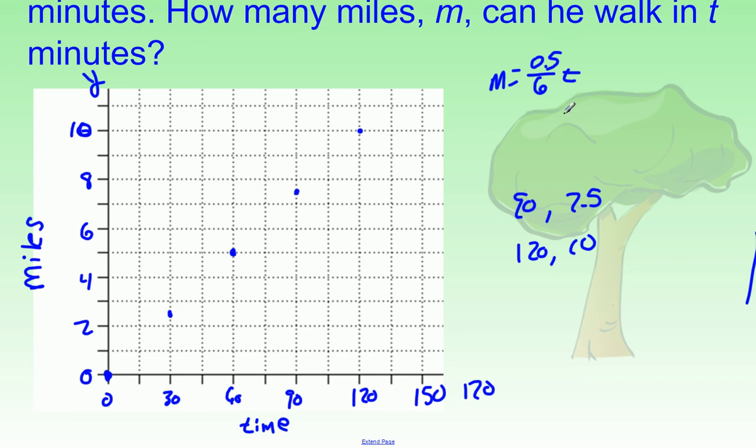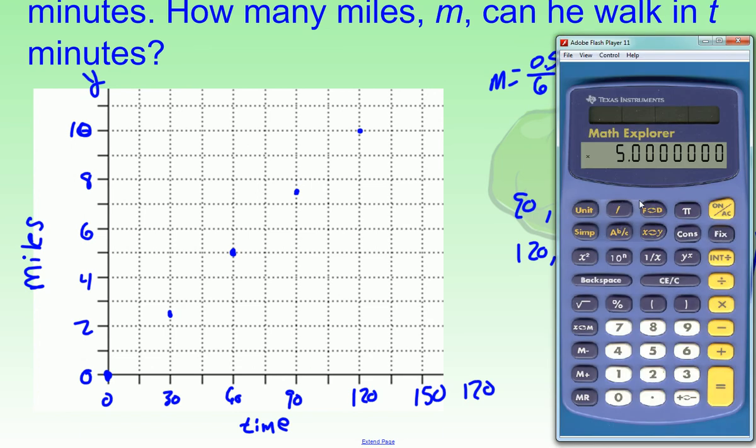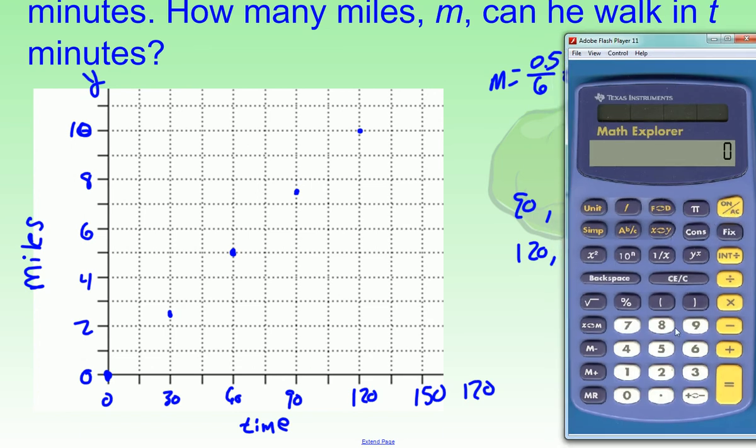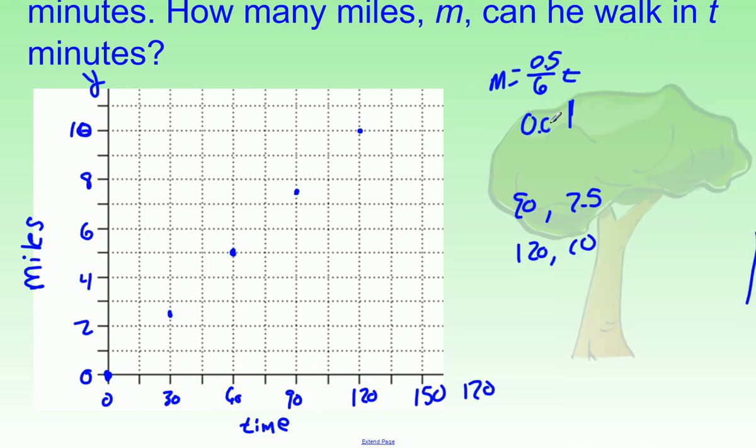So for every minute, every 1 unit here, they went that far, which was about 0.083 miles. 0.5 divided by 6 is 0.083. So every minute they walked 0.083 miles, and all those little 0.083 miles add up over time to give you this line.